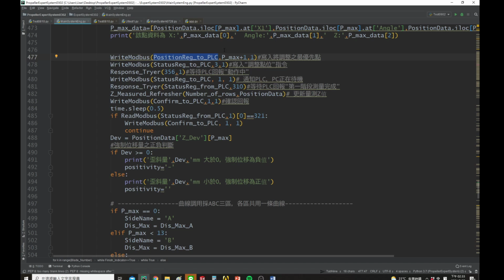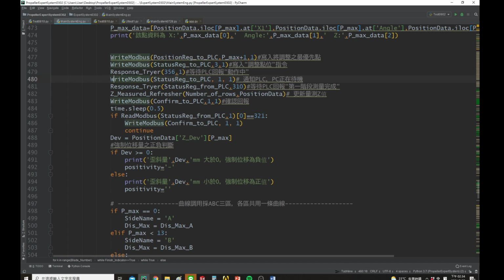We write the maximum point, so here it is Pmax plus 1. That's because in the data frame, its indicator will get the plus 1, since it starts from 0. So here we plus 1. Okay, so here we tell the machine to tune that point.